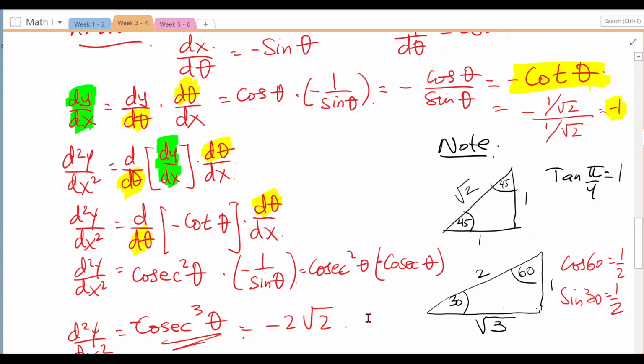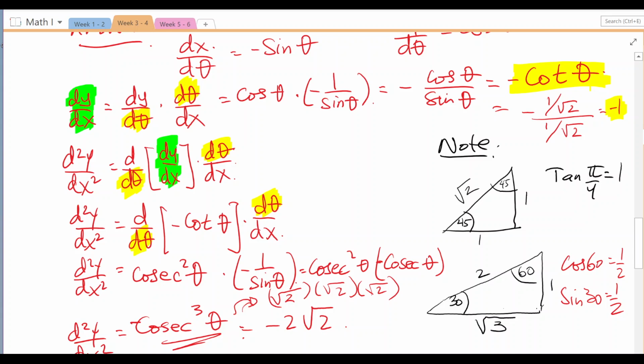So what is cosecant? Cosecant is 1 over sine, and sine, by definition, is 1 over square root of 2, and therefore cosecant is square root of 2. So originally it was square root of 2 times square root of 2 times square root of 2.